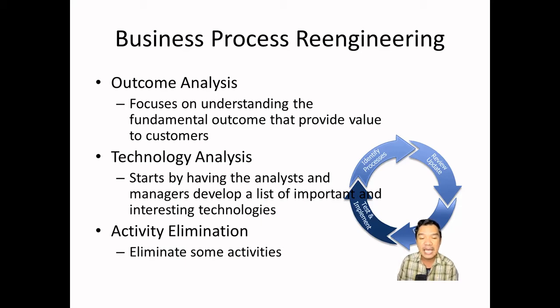And lastly, we have activity elimination. This is to eliminate some of the activities. We assume that every activity is associated with cost, delays, or time. So one of the targets of business process reengineering is to eliminate some activities or tasks.